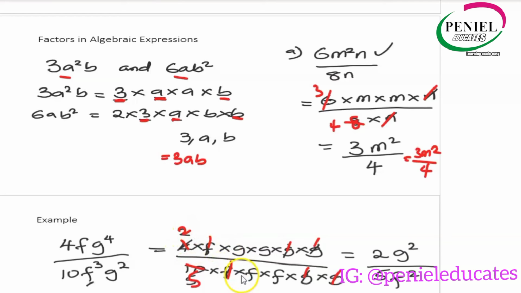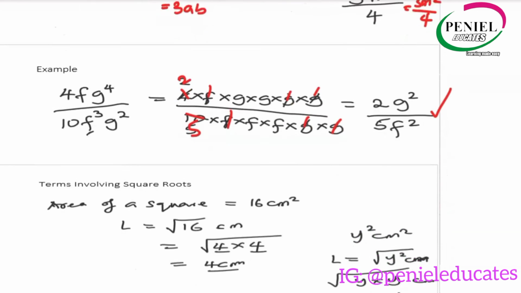Is there another thing that we can cut? Nothing more. So we have 2g multiplied by g, that's 2g squared, then 5 multiplied by f, that is 5f squared. So this is where we arrive at our answer once we are doing this simplification.